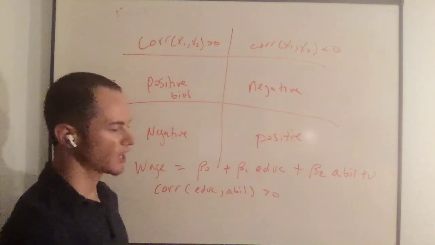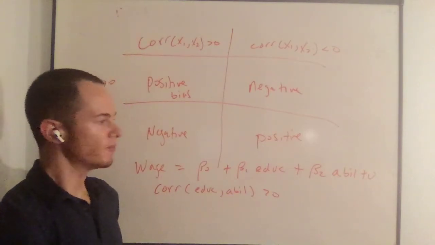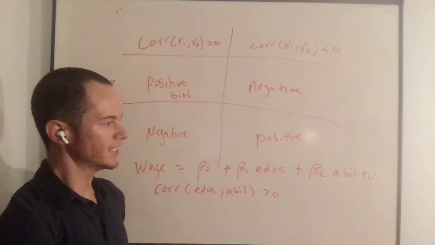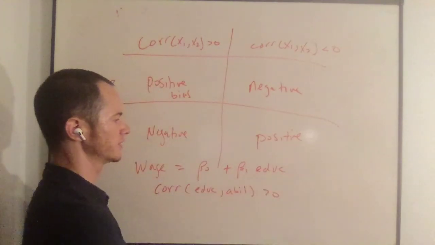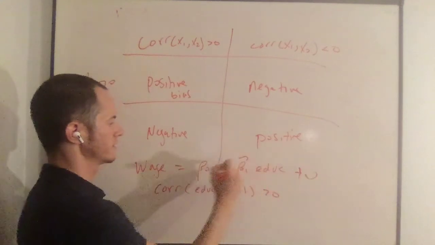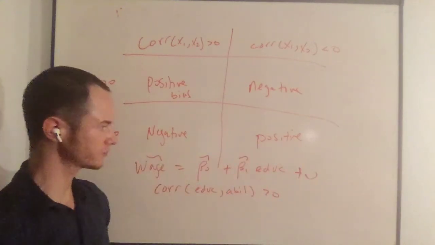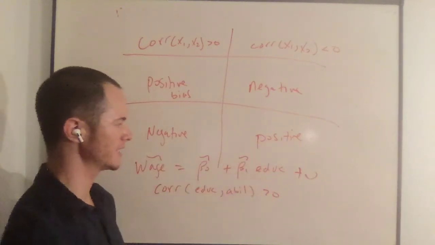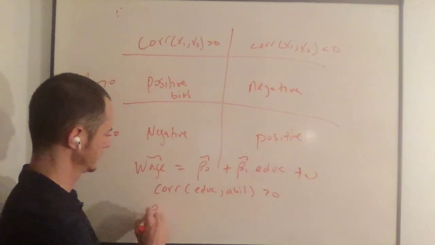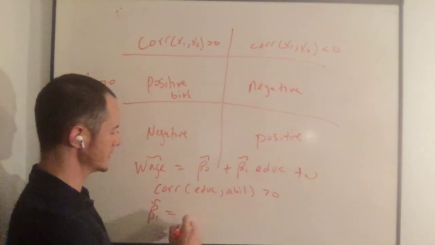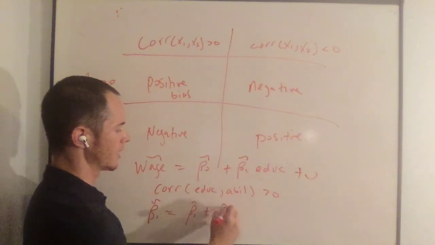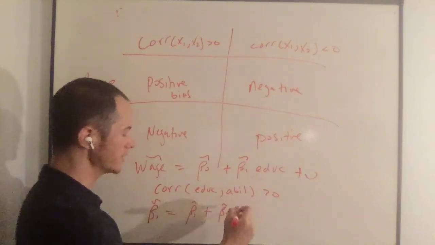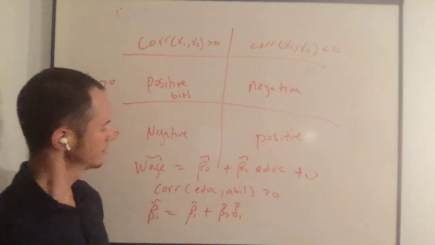But plausibly, we don't have data on an individual's ability. So we actually run this equation. What's going to be the bias in beta 1 tilde? That is equal to beta 1 hat plus beta 2 hat times delta 1 hat.